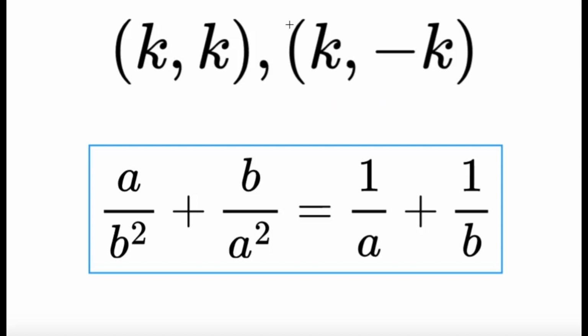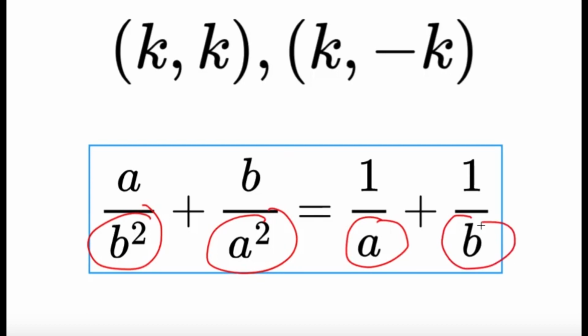But then again, we always have to go back to the original equation because we technically have some restrictions, particularly in the denominators. We know that none of these denominators can equal 0, so we're going to set them equal to 0, and those are the values that we must restrict. Now, b squared equals 0, a squared equals 0, a equals 0, b equals 0 is just the same thing as saying a equals 0 or b equals 0.